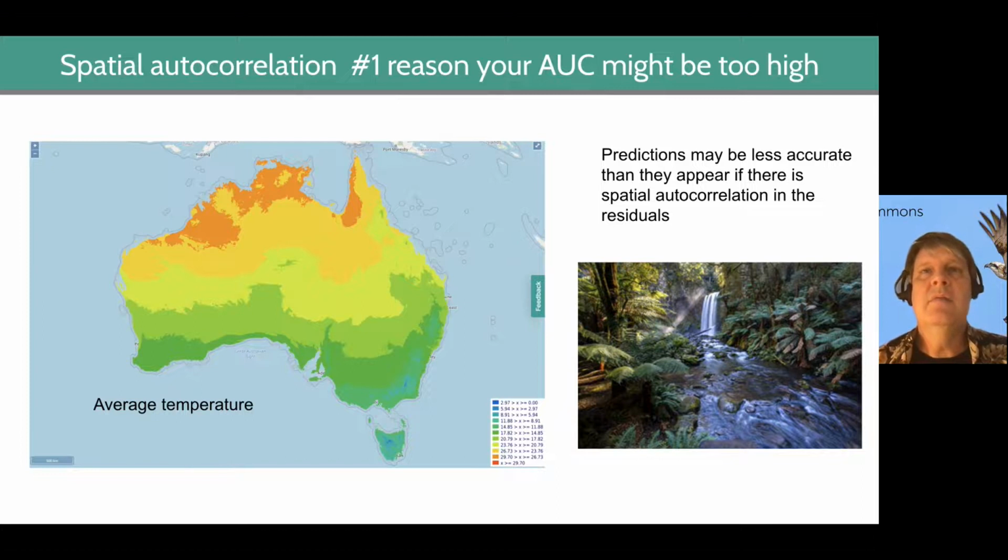A lot of times if you have a lot of spatial autocorrelation, you don't have good sampling of the geographic or environmental space that you're working in, and you're going to get an AUC value that looks really high. That relates to spatial autocorrelation. Some of the steps that we took in the previous video on occurrence data help overcome this to a degree. But it's something to keep in mind and something you might need to account for later in your modeling, especially if your validation indicates that it's a problem.